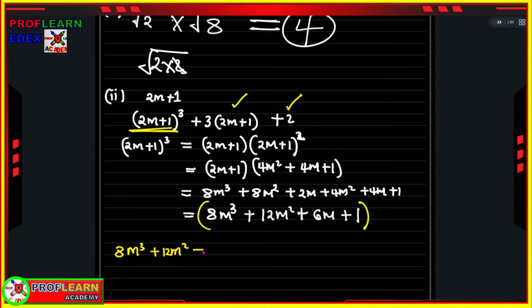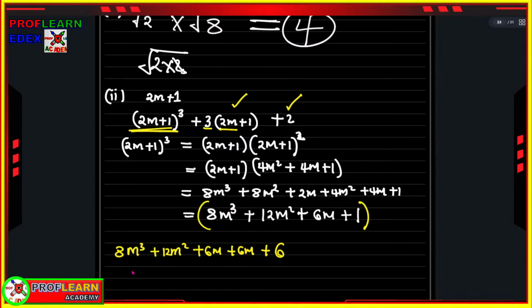12m squared plus 6m. Now plus 6m, we are having also this time, this will give us plus again 6m, and we have 3 times 1, which will be 3 plus 2, which is going to be 5, then plus this one that we have in here, then we have finally 6 at that given point.